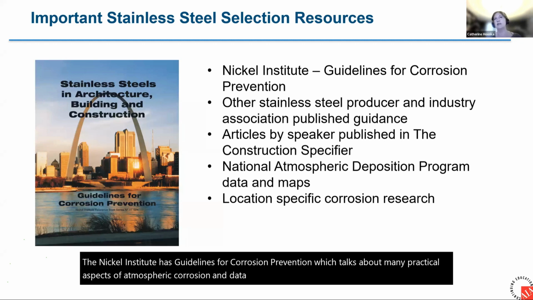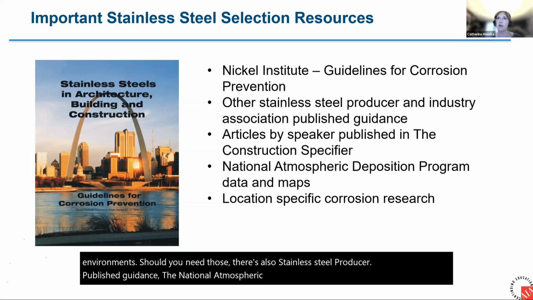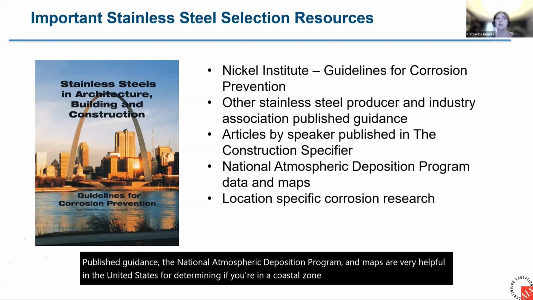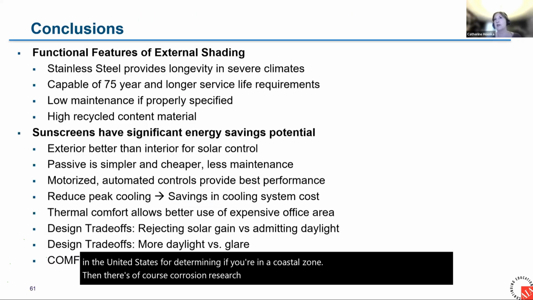It also has a lot of other brochures on specific environments, should you need those. There's also stainless steel producer published guidance. The National Atmospheric Deposition Program and maps are very helpful in the United States for determining if you're in a coastal zone. And there's, of course, corrosion research that can be accessed by an expert in the field.